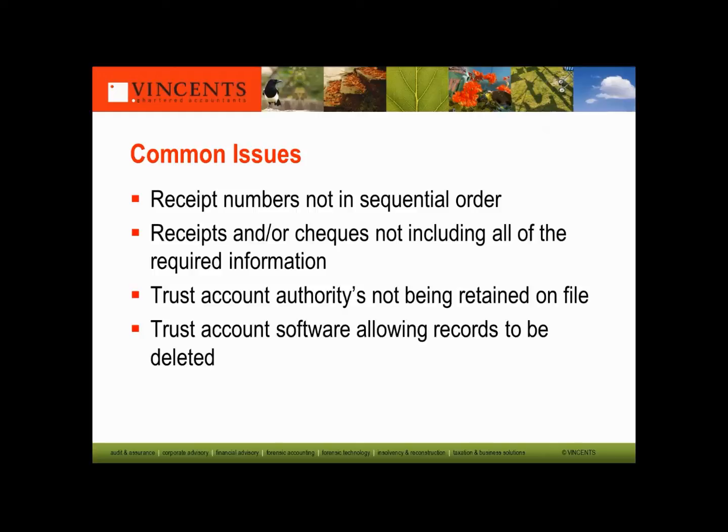When these types of things happen, we have to report those non-sequential orders and gaps in the order to the regulatory authorities. The issue being that receipts may have been issued that we haven't seen, or they've been deleted and we don't know what's happened with them.